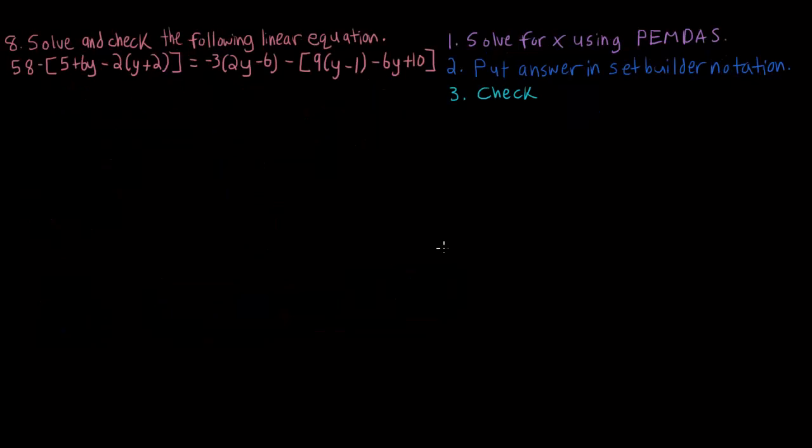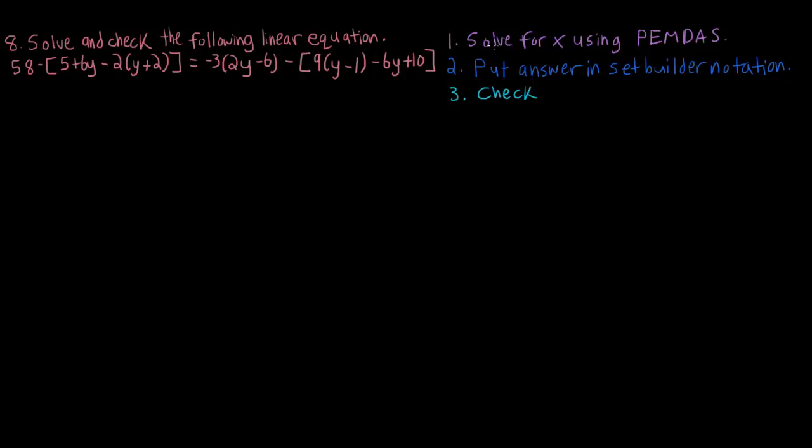8. Solve and check the following linear equation. 58 minus all inside of brackets 5 plus 6y minus 2 times y plus 2 in parentheses equals negative 3 times 2y minus 6 in parentheses minus bracket 9 times y minus 1 in parentheses minus 6y plus 10.